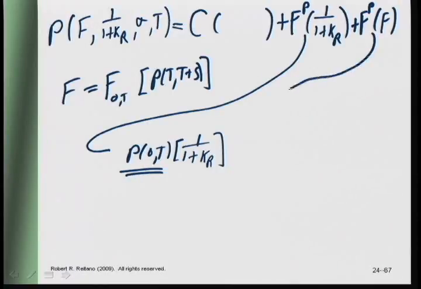What's the prepaid forward of F? Well, we saw earlier that the prepaid forward for this forward contract is P of 0, T plus S. So by using the T period zero coupon bond times the strike, and I have a sign error here. Please note this is a minus.